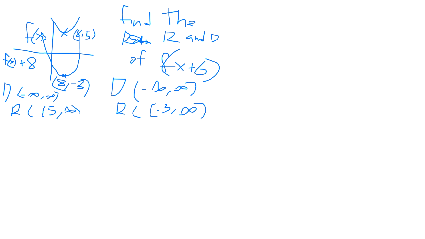Your graph will shift up by 8. So that means your range will now start from 5 inclusive to positive infinity. Does it make sense to you? Thank you. Okay, good.